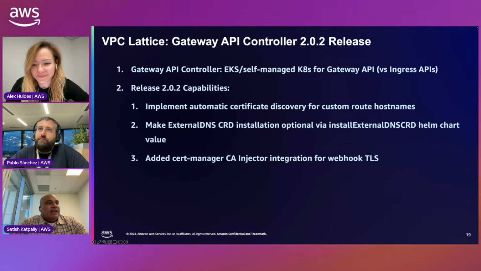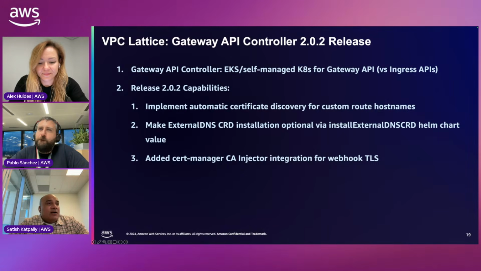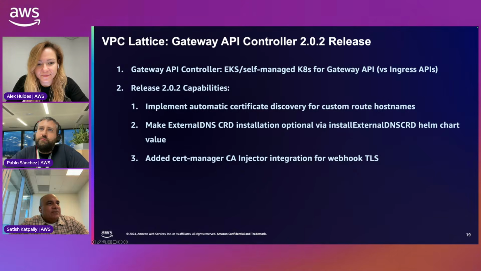Before the 2.0.2 release, what you had to do was take your ACM certificate ARN and add that in the deployment manifest. So you had to discover the certificate, and when certificates got rotated, you had to keep updating those ARNs to tell us, here's the new certificate, now use that for this HTTPS service that you're doing.